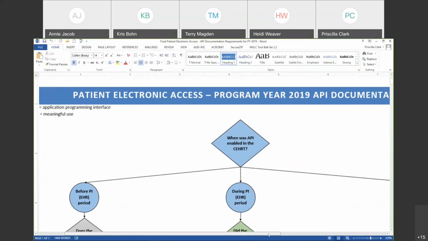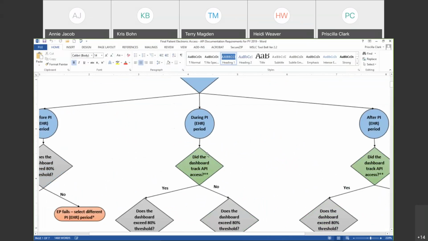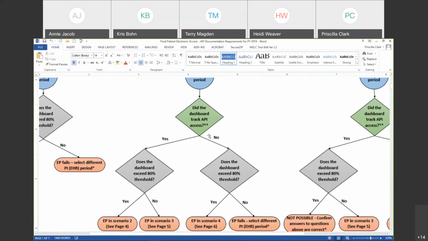So going back to the top, when was the API enabled in the cert? We're going to go through another example. Say the API was enabled during the PI reporting period. Then you go to the next question. Did the dashboard track API access? Once you determine that, and you can use the test results on page 2 to determine that, if it's yes, you'll move to this other question. Does the dashboard exceed the 80% threshold?